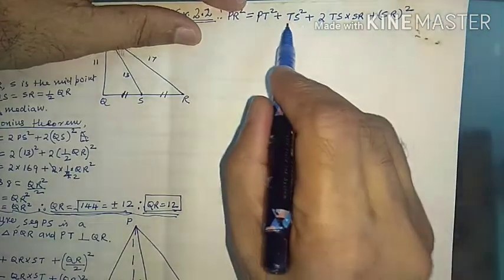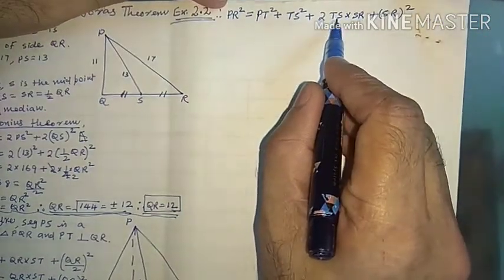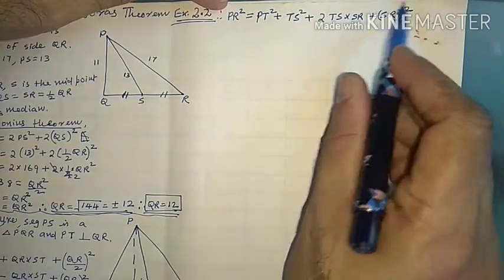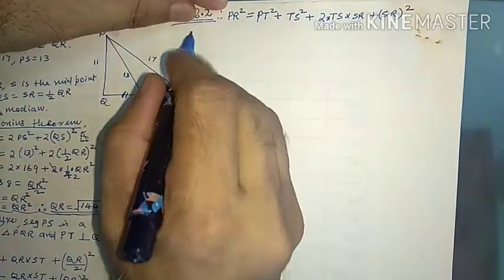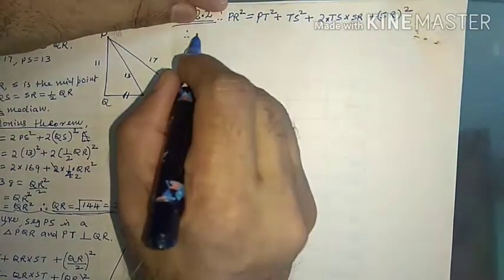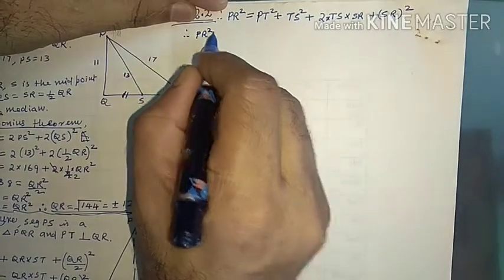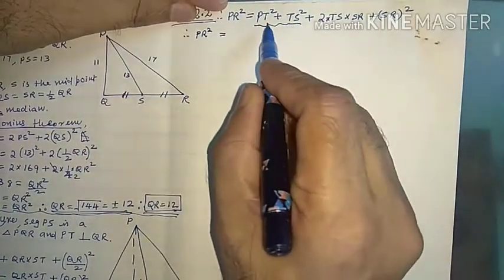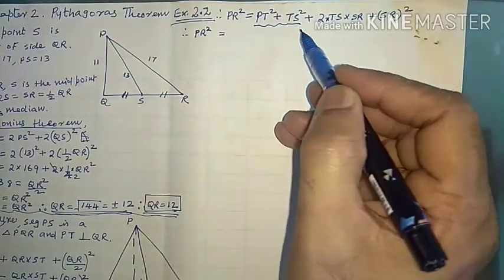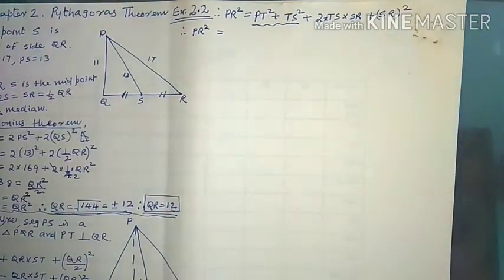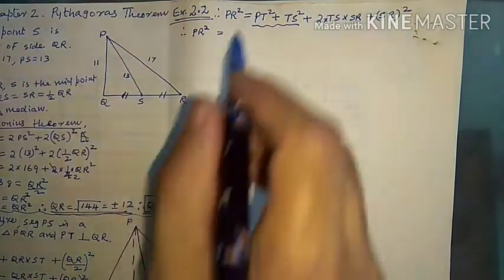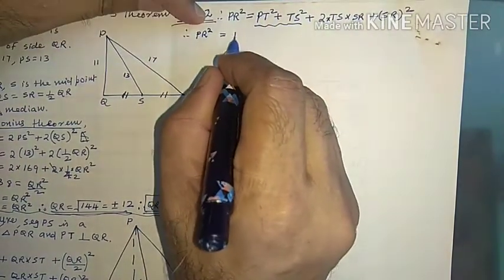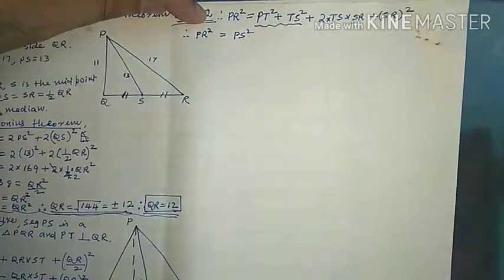A plus B whole square expansion is A square plus 2AB plus B square in that form. Therefore, this PR square equal to, what is this? PT square plus TS square is equal to PS square. We want that.